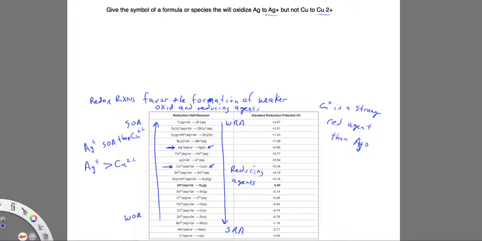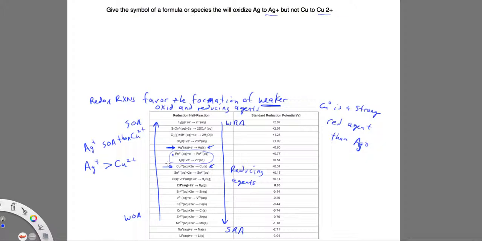So in order for a reaction to occur, you've got to form the weaker. You start with the stronger and you end up with the weaker. So we would be looking for something probably in between these two, so that one would react with copper but not with silver. That's what we would really be looking for.